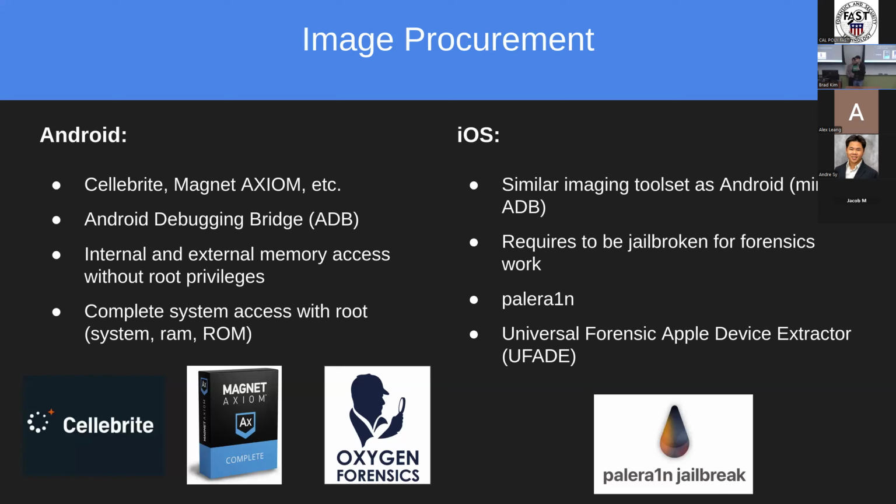As for iOS, the process is a little bit similar, minus ADB because ADB is Android exclusive. But for iOS, it's a little bit more contentious because the ways you can procure an image from iOS are very limited. You will have to jailbreak it, which is basically like rooting.